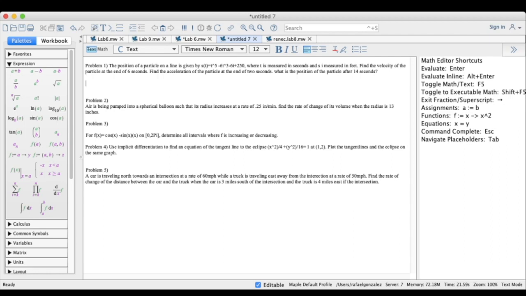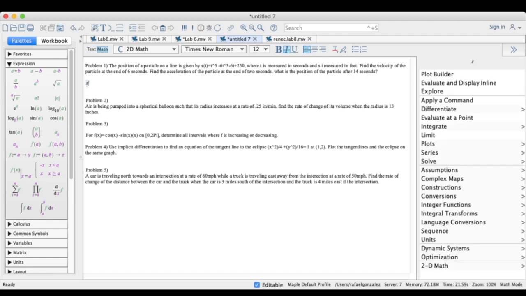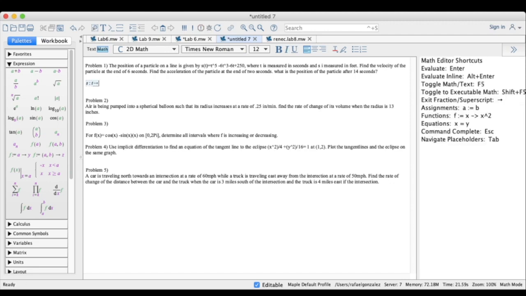So the first thing that I will do is to define S. So S of t is given by, and make sure that you're in math mode, S of t is given by the following as t goes. Remember the t goes to, this is going to be important because we're going to be passing values into the function, so we want to make sure that we tell Maple that we are going to be passing these values.